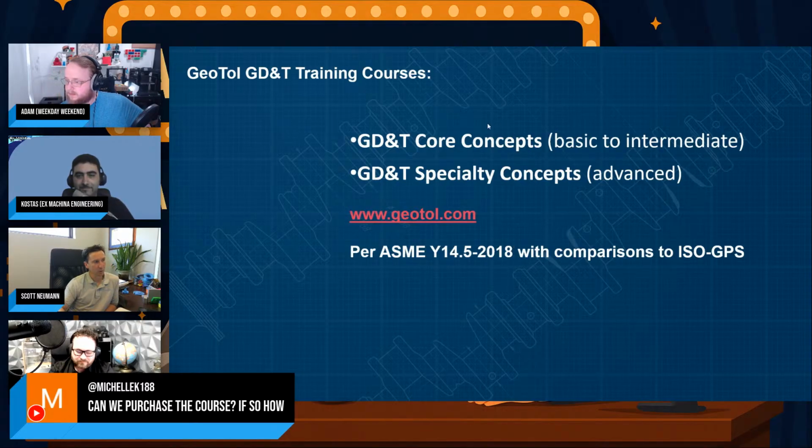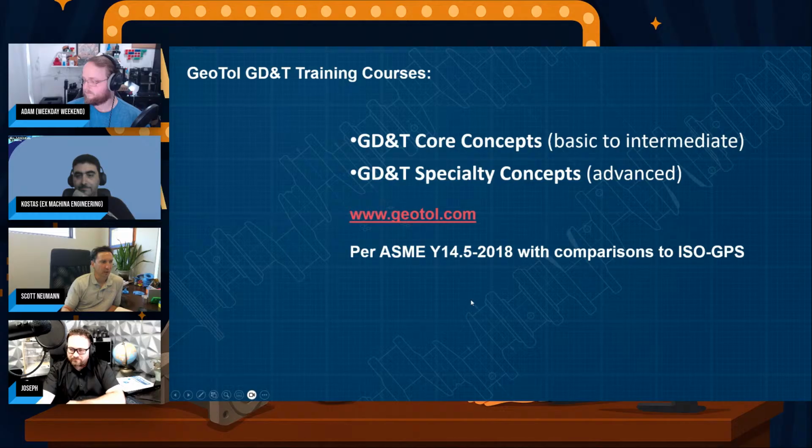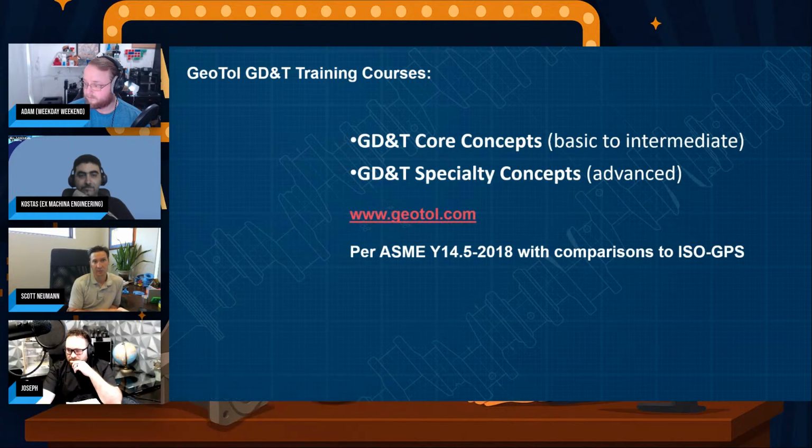The GD&T core concepts is the basic-to-intermediate one, and then the specialty concepts would be all the weird stuff, like composite positions. It's written to ASME Y14.5, but we also have a comparison section to ISO GPS. ISO and ASME are so similar that you can use the same concepts, teach the same thing, and then just show you a few little differences.